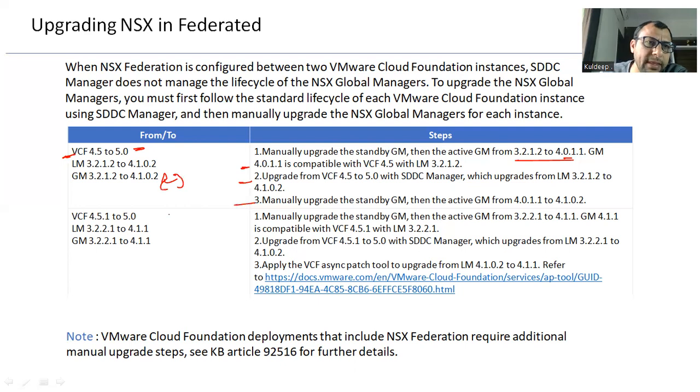If you are planning this, this is how you can go through it. And yes, this is the important guide where you can find the federated environment and how we upgrade the environment where we have multi-instance VCF, and those are tied up with the federation environment. This is the important KB article. You can go through it and you can see the compatibility.